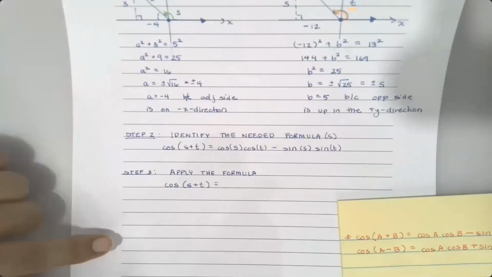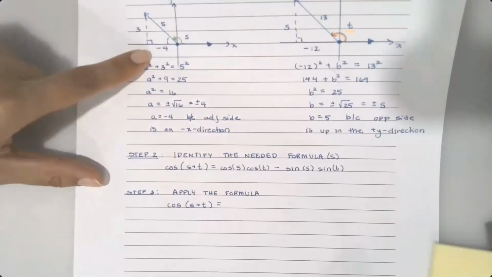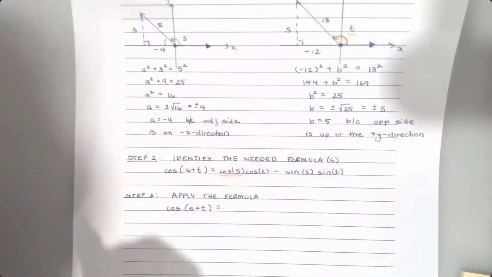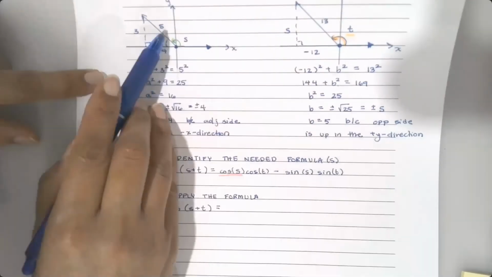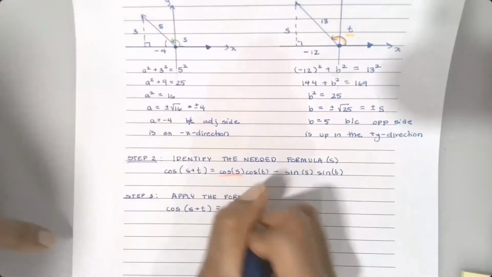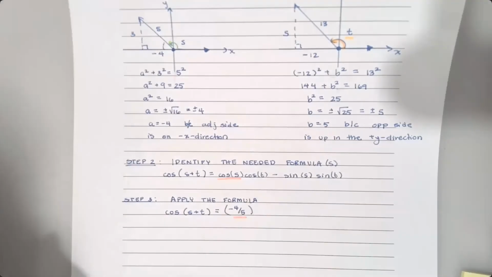Cosine of s, we can figure out by looking at the first diagram. I'm just going to start color coding things here. Cosine of s from this diagram means adjacent over hypotenuse, so we're going to get negative 4 over 5. And that's from this first diagram.